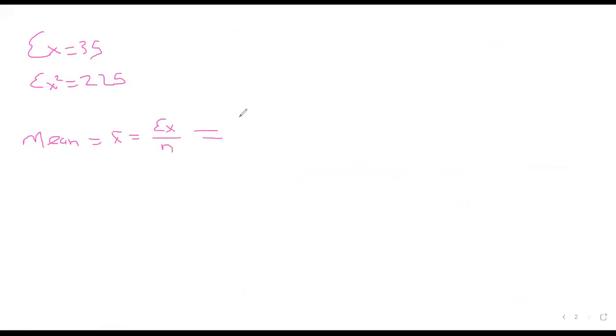So this is 35 over n, and our n was 7, the number of elements we had. The mean will be 5, not 35. It's 5.